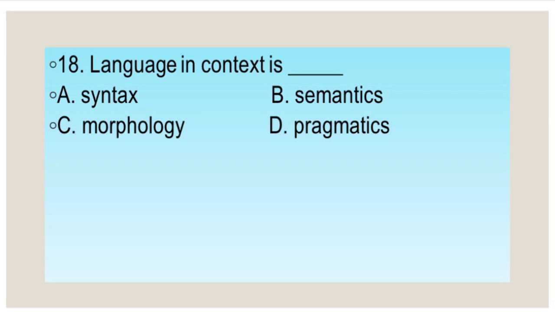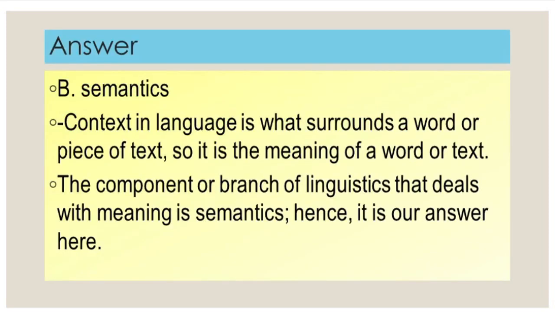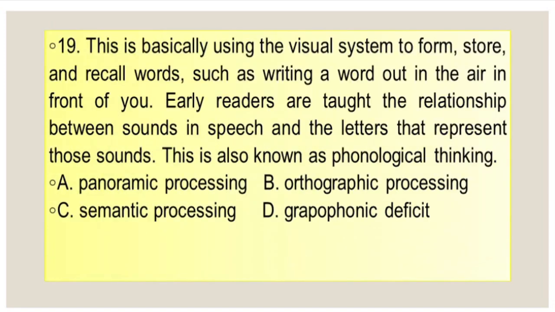Semantics, the meanings of words or the meaning of the language. Morphology, this concerns the formation of words. What about pragmatics? That is the application or the use of the language. So if we consider semantics as the meaning of the language, then our answer here should be B, semantics. Number 19.